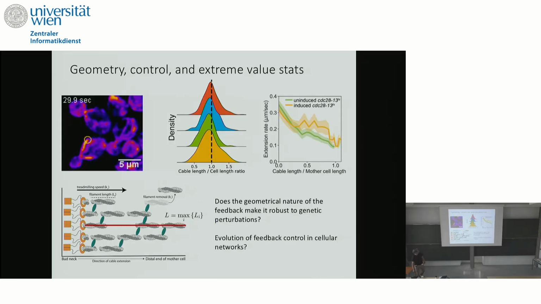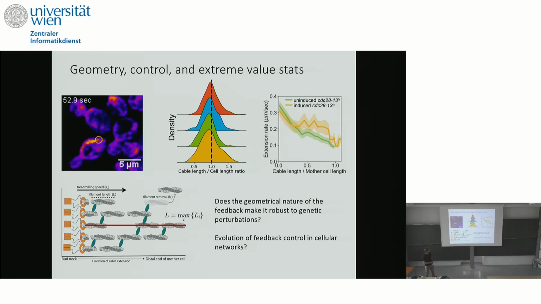So I'll just stop here and tell you quickly what we've learned. It seems like the cells know about extremal value statistics, to the extent that if you want to build a cable of a length that's well defined, all you have to do is take a bunch of filaments, make them any way you want, and then just cross-link them. And that seems to be a strategy that's been used over and over again.